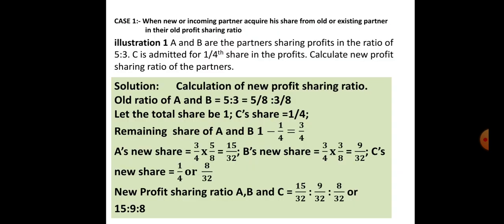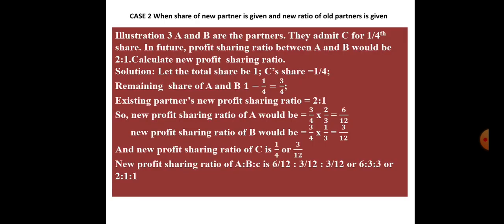In the previous case, the old ratio of old partners and the share of the incoming partner were given. But in the present case, the incoming partner's share and the new ratio of old partners are given. So, as in the earlier case, we calculate the remaining share of A and B, and we will do the same work.